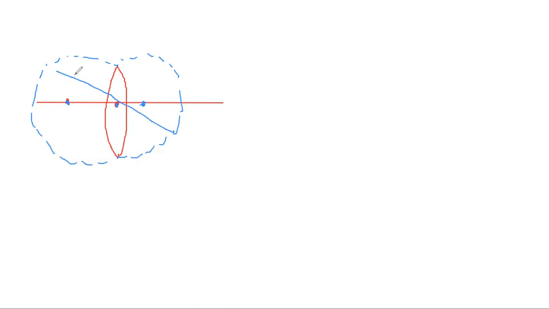If it is a thick lens, and a ray comes and hits here, it will pass undeviated or it will appear parallel to the original ray.